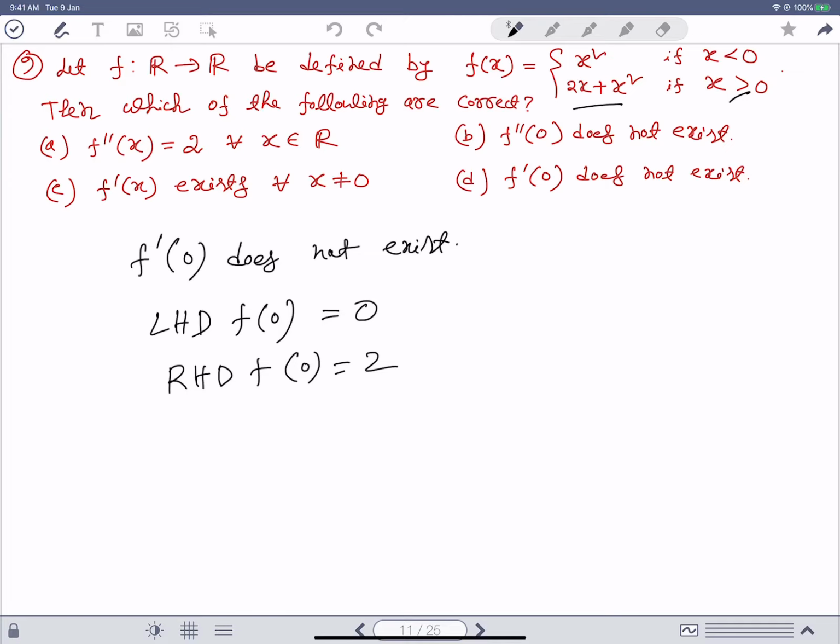So, that does not exist. Now, since the derivative of the function at 0 does not exist, so this will not exist and this will not exist, right, and you can easily verify this one.